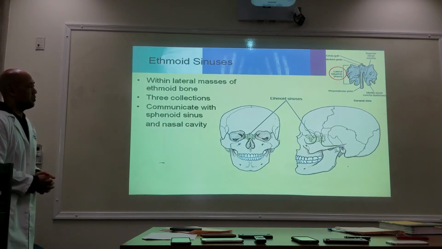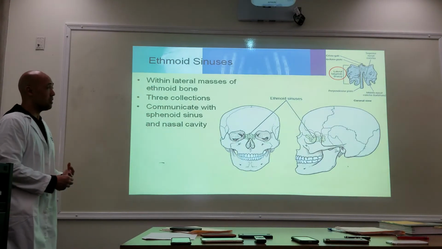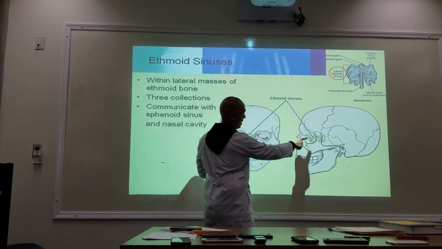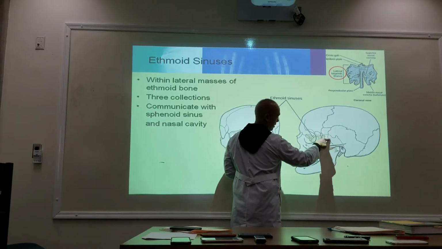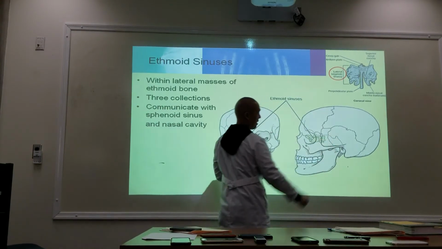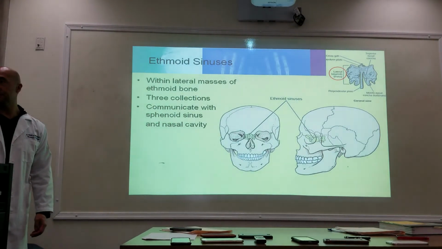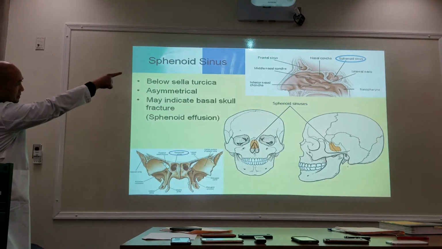Between the ethmoid and the sphenoid, the ethmoid sinus is going to be more anterior, and right behind that is going to be the sphenoid sinus, right below the saddle.